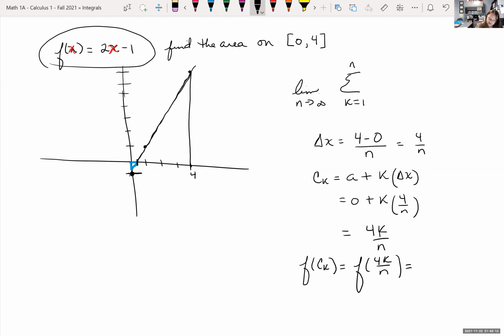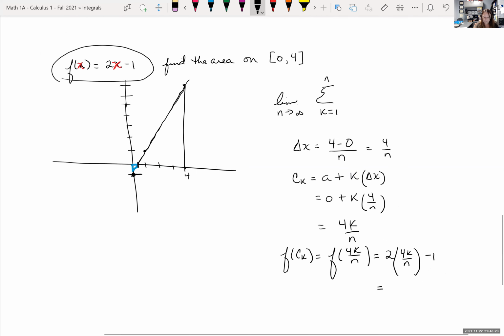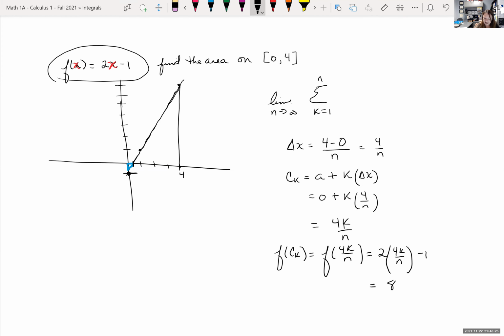So doing that, we have 2 times, we see an x, 4k/n, minus 1. So we have 8k over n minus 1. Okay, so that's our height value, times delta x.